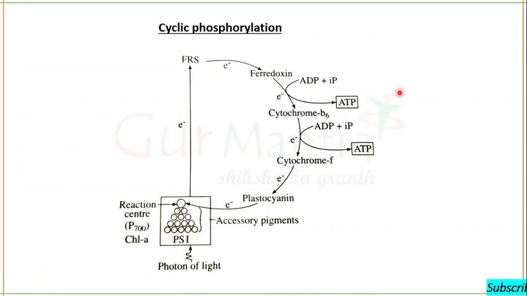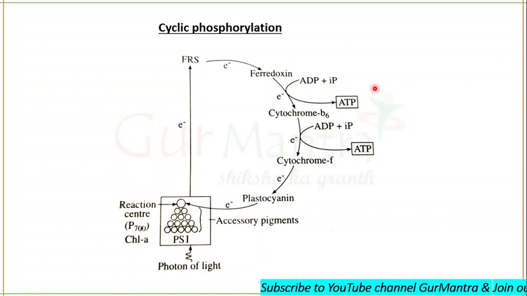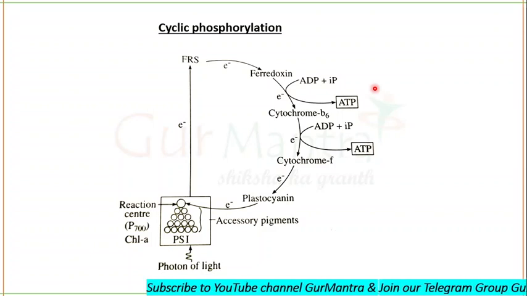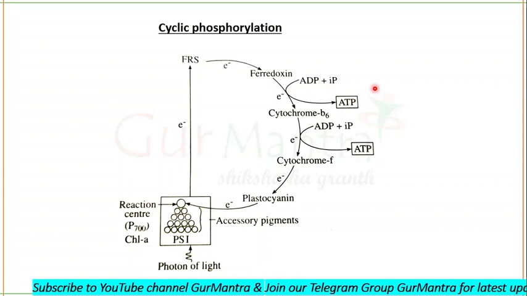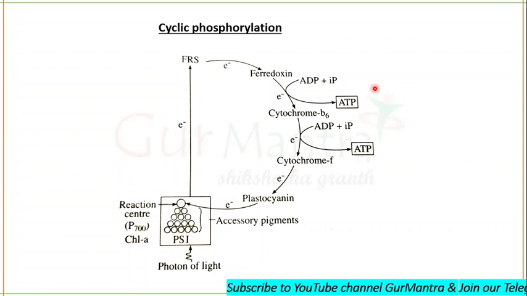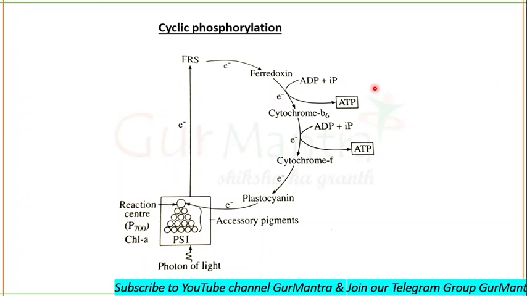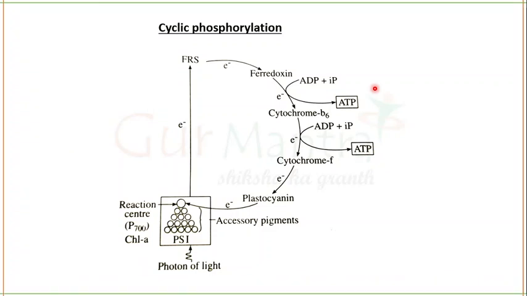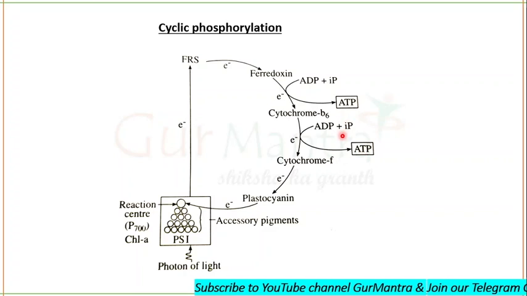This is because it requires fewer photons and produces more energy relative to the number of photons. While non-cyclic phosphorylation uses more photons as compared to the energy produced by it. This is why we call cyclic phosphorylation more productive, not because it is forming more energy. Okay, fine. So what exactly is cyclic phosphorylation?